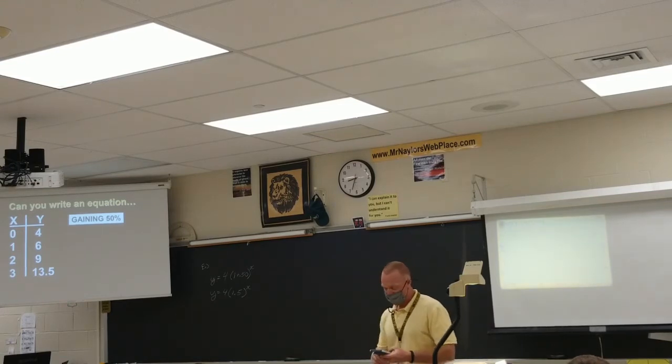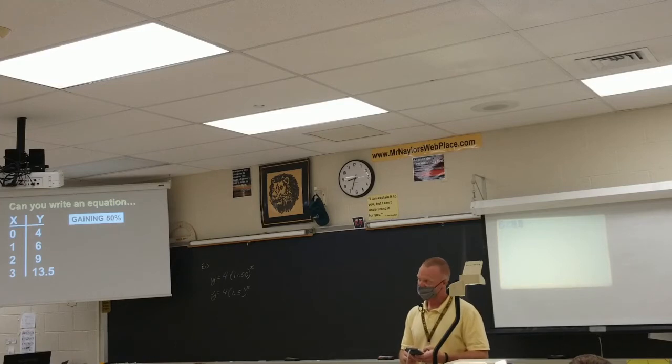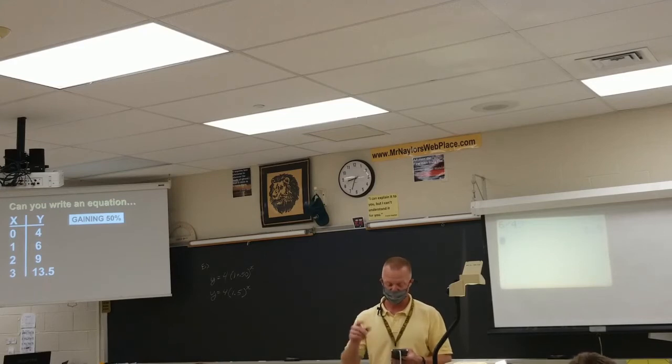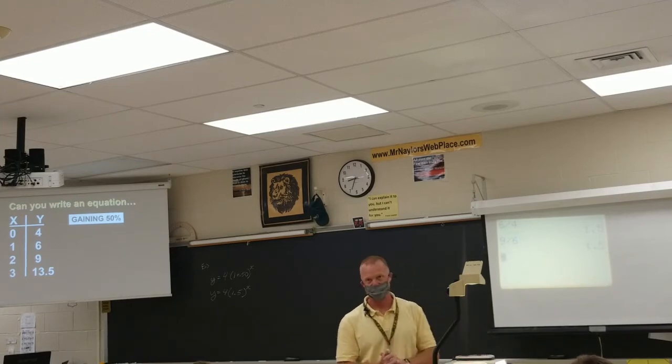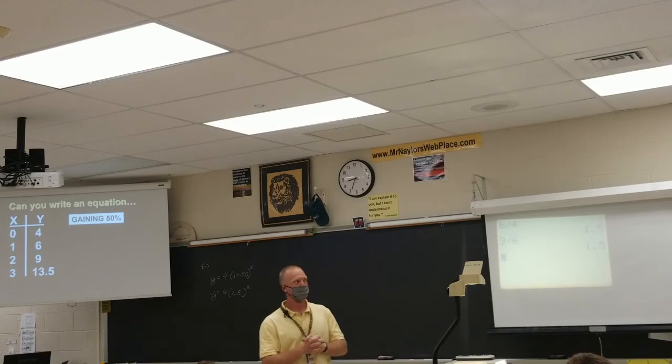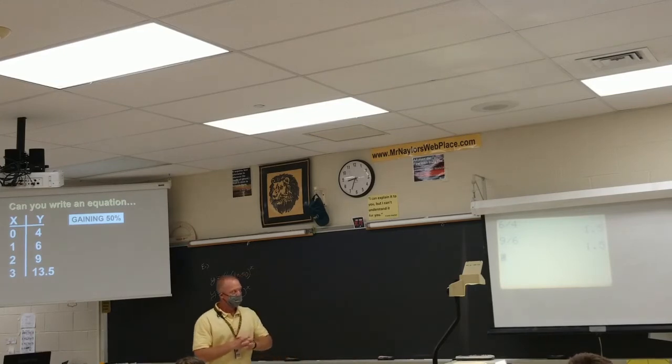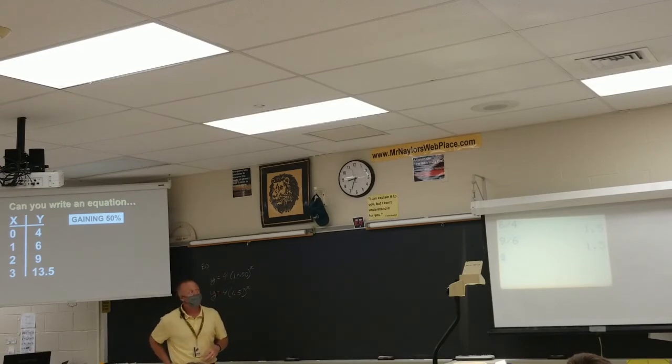If you do a simple division of the numbers in the table, notice the order that I'm dividing the numbers. For example, 6 divided by 4 or 9 divided by 6. If I do a simple division of the numbers in the table, notice what I get. You get the base.